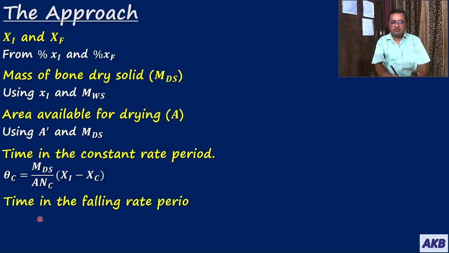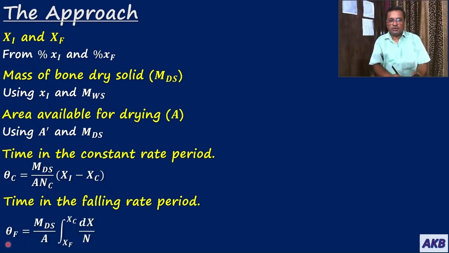Then we will find time in the falling rate period, and for the falling rate period, experimental data is given to us. The equation for time in falling rate period is theta f is equal to MDS upon A into integration from Xf to Xc dX upon N. So we need to evaluate this integral, and we are going to use the experimental data for evaluating the integral.